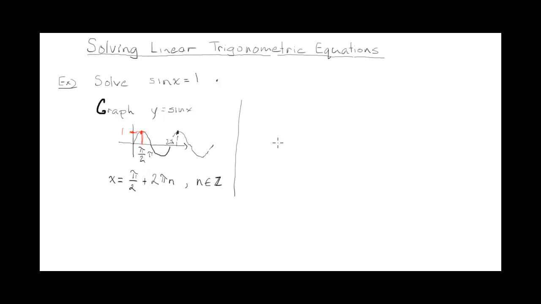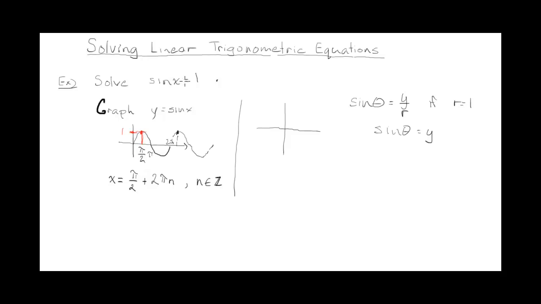As I said, there is another way to think about this. You could also think about this as an angle on the Cartesian plane. Remember that on the Cartesian plane, we define sine of theta as equal to y over r. Assume r is 1. If r equals 1, then sine theta equals just y.